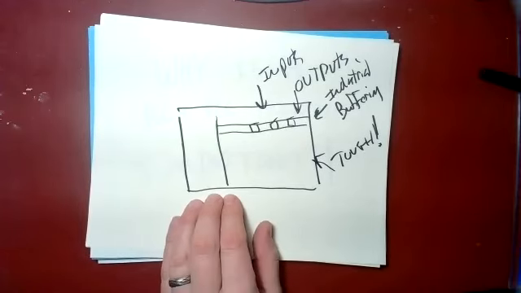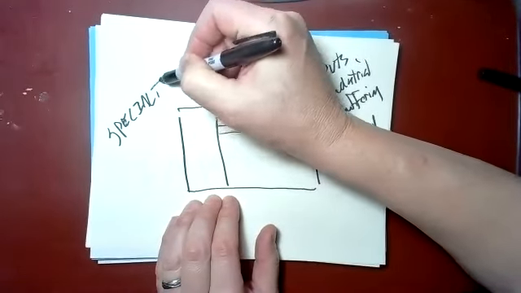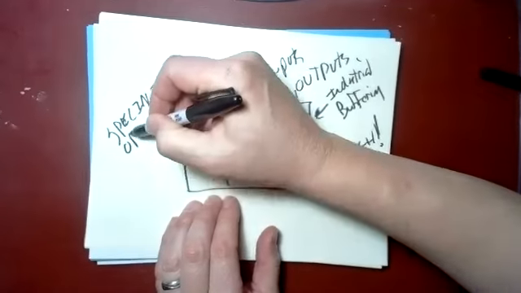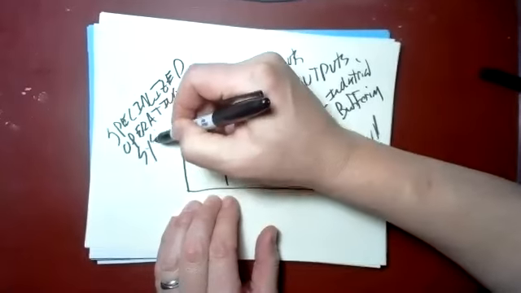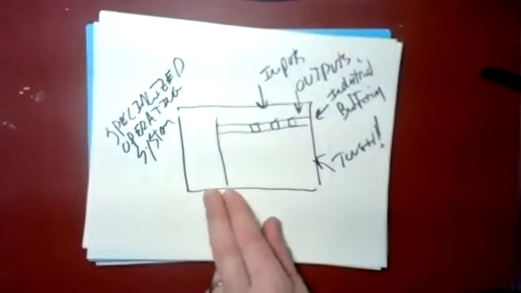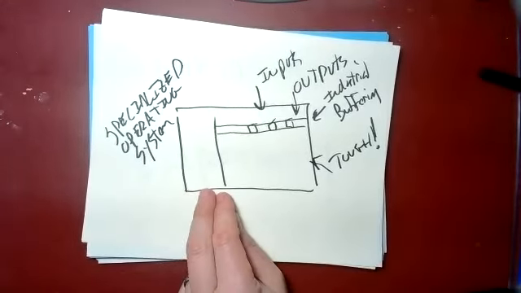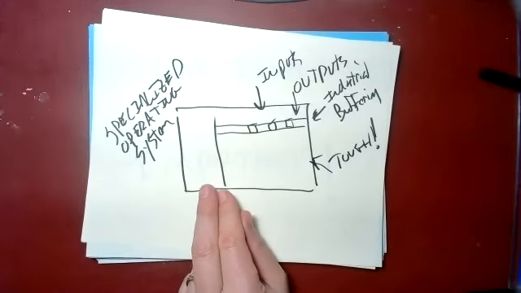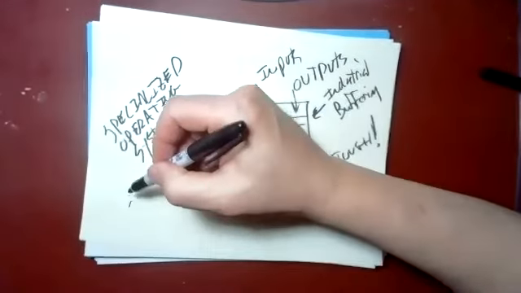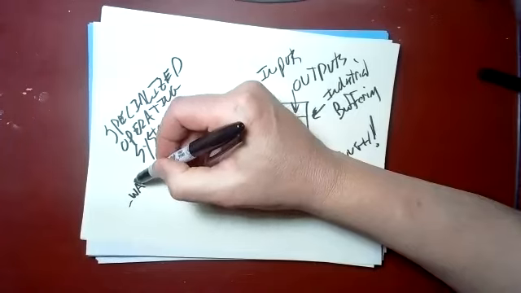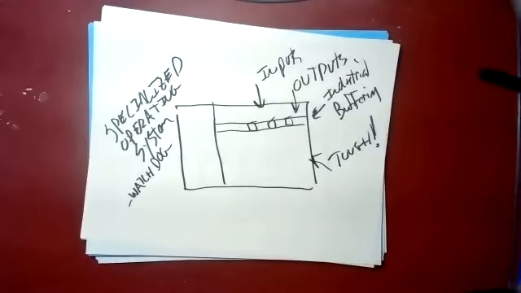So you need a specialized operating system. That specialized operating system has to be highly reliable. It has to be very, very reliable. And part of that reliability is they've got something called a watchdog, sometimes called the watchdog timer.